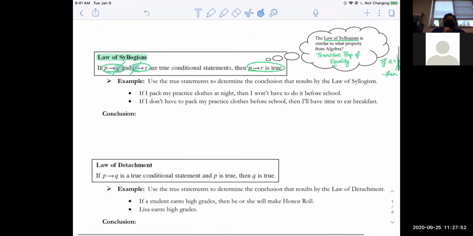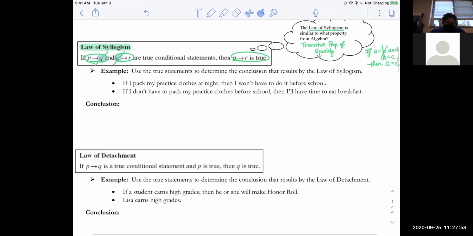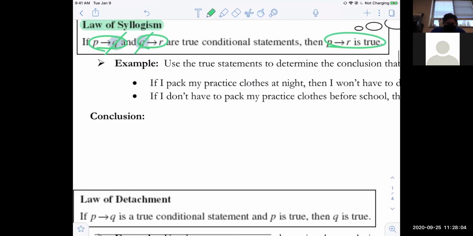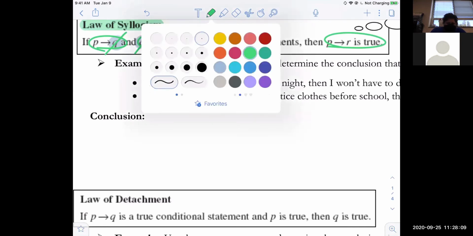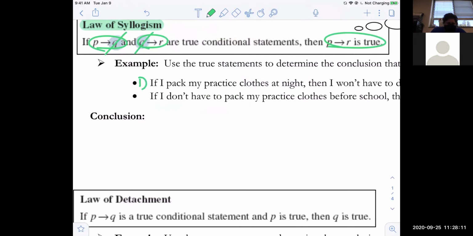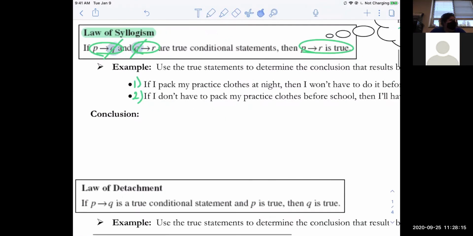Okay, so this is how syllogism looks. If I pack my practice clothes at night, then I won't have to do it before school. If I don't have to pack my practice clothes before school, then I'll have time to eat breakfast. See how we have two if-then statements here? Think of the first as statement number one and the second as statement number two, and our conclusion is what we can get from that.